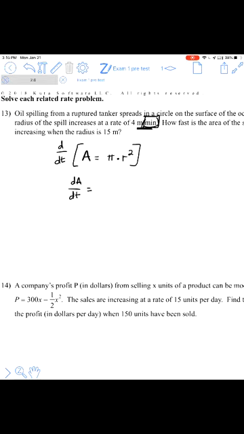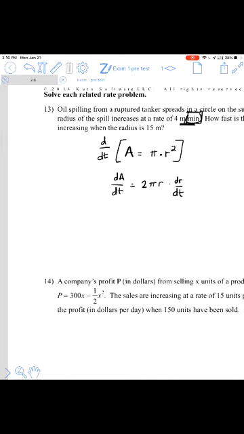Now the derivative of pi r squared is 2 pi r, but that's just the derivative of the outside part. The derivative now of the inside part, r, is dr/dt. And perhaps I should have started with this. Actually, a good way to start any application problem is state what we know.